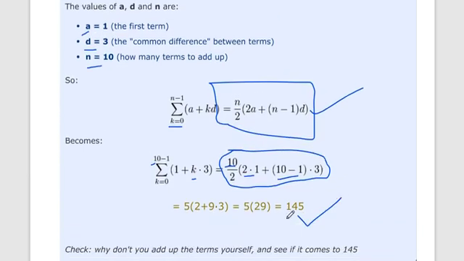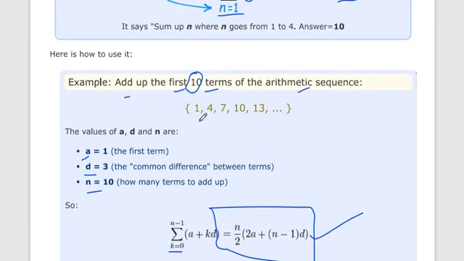Now if you want to check whether it is true or not, you can write all 10 terms: 1, 4, 7, 10, 13, 16, 19, 22, 25, 28.